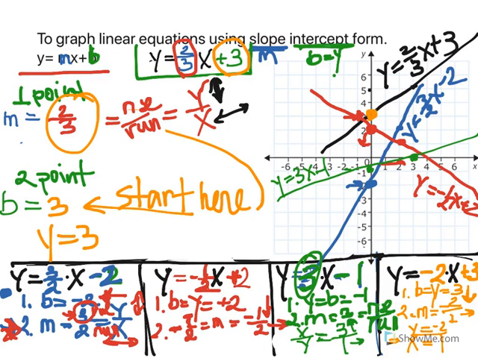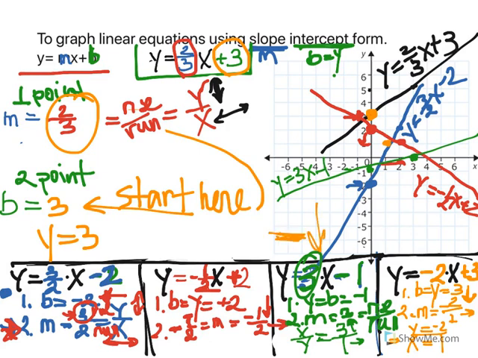Here is my first point. From here, I will have to go down 2. So 1, 2, and over 1. Rise is negative, we're going down because negative.